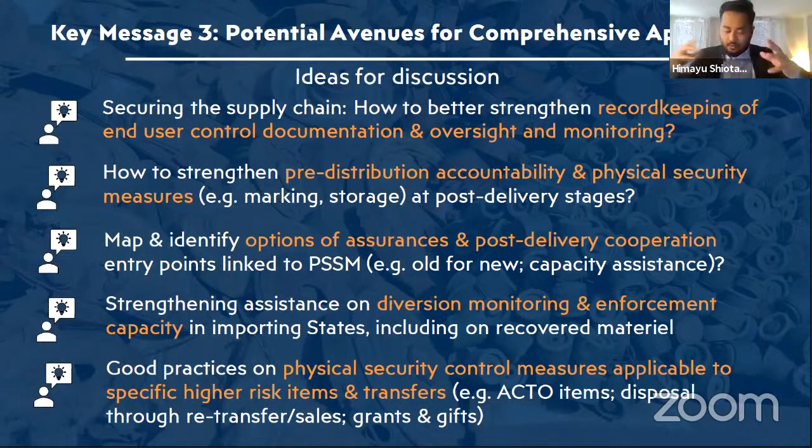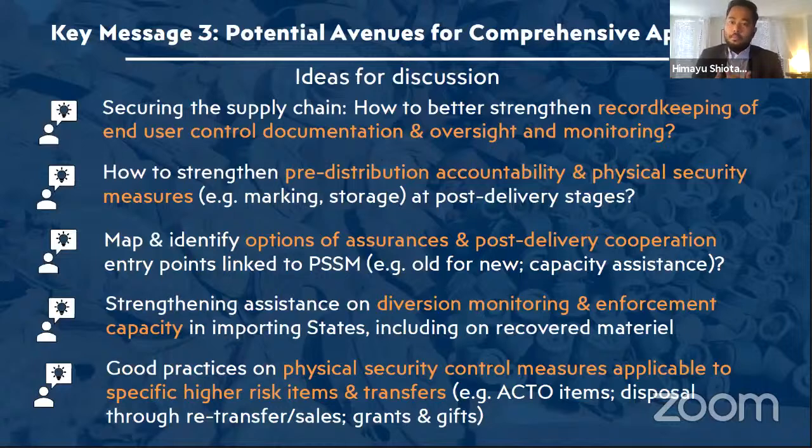At the higher level, it's asking the question, how are you managing the equipment you already have? And this is an example of an assurance-like system at a post-delivery stage that integrates the thinking around stockpile management and beyond, in particular, disposal.